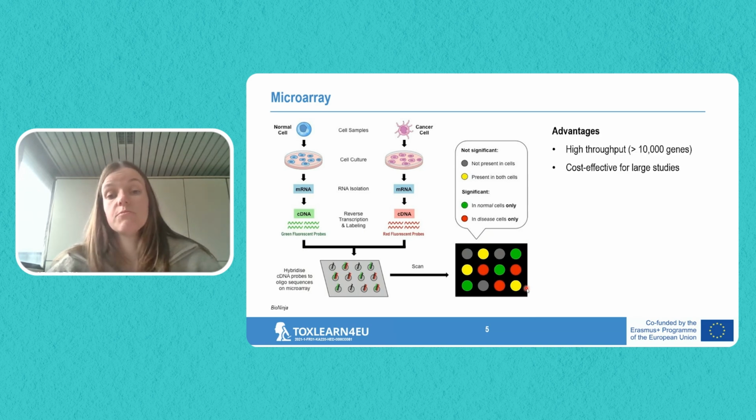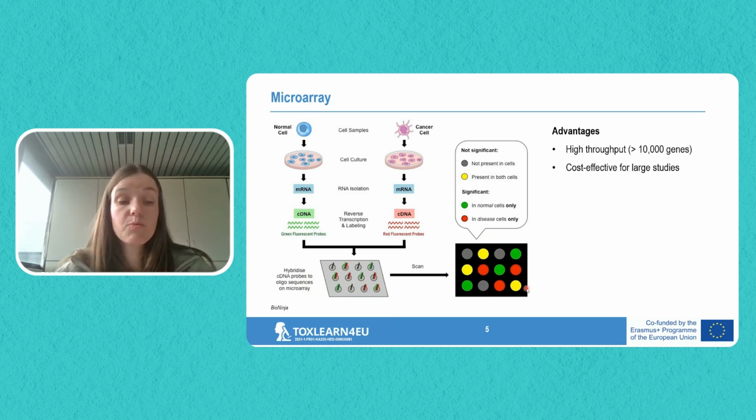So that's immediately the first advantage of this method: it's very high throughput because you measure expression levels of 10,000s of genes at the same time. Also, this method is cost effective for a large study. Let's say you want to perform such broad screening, then of course it would not be interesting to perform real-time PCR for 20,000 different genes. Then of course a microarray would be a much more convenient option.